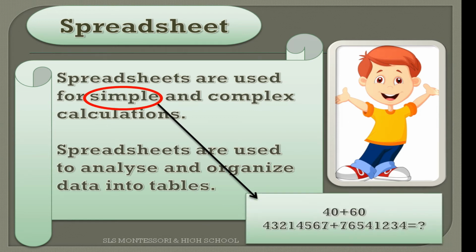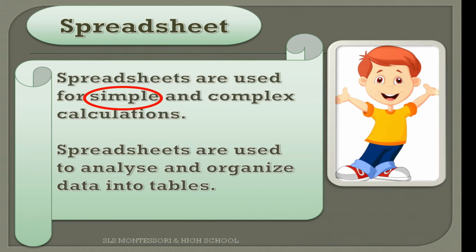You can solve them in your notebook as well, but here complex means difficult and large calculations. So, spreadsheets are used for analyzing, means you can examine the data and then organize that data in the form of tables.